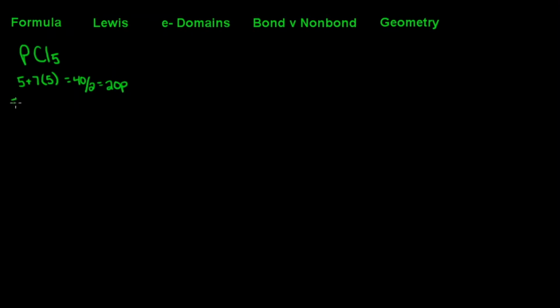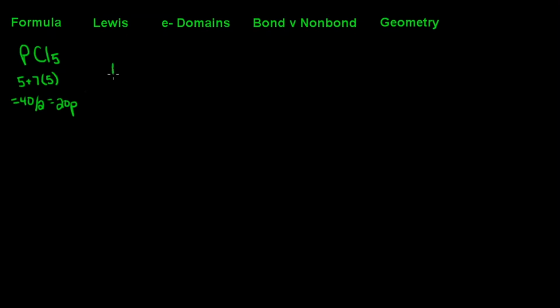I'm going to go 40 divided by 2, 20 pairs, so I have more room for my Lewis structure. Oh, I need my good eraser. That's not working. There we go. All right, so now let's draw in all of those 20 pairs of electrons.